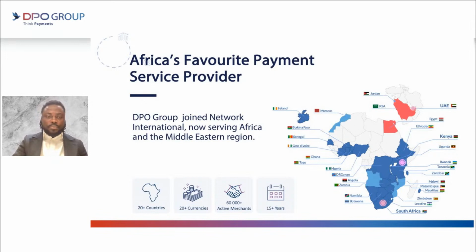Apologies. So at this point, where we have been licensed by the Central Bank of Ghana and allowed to officially operate in this space, what does it mean to the businesses in this area?